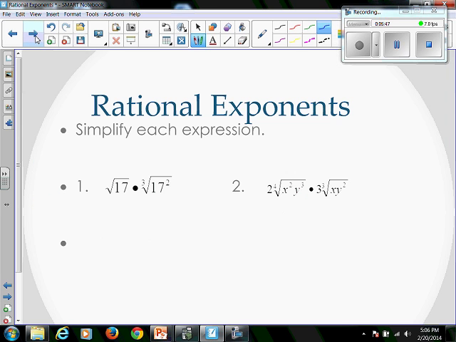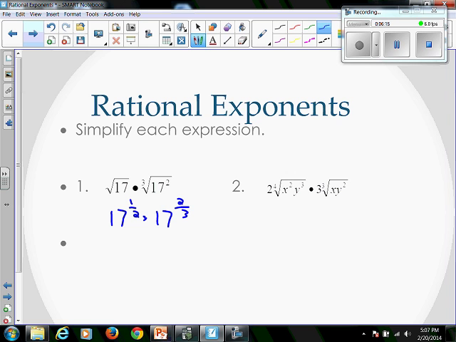Now let's look at these. Well, we said before that to multiply, the indexes had to be the same. The indexes are not the same here, so what do we need to do? Well, can I change square root of 17 to exponential? That would be 17 to the 1/2. And I'm going to change cube root of 17 squared to exponential, and I get 17 to the 2/3.